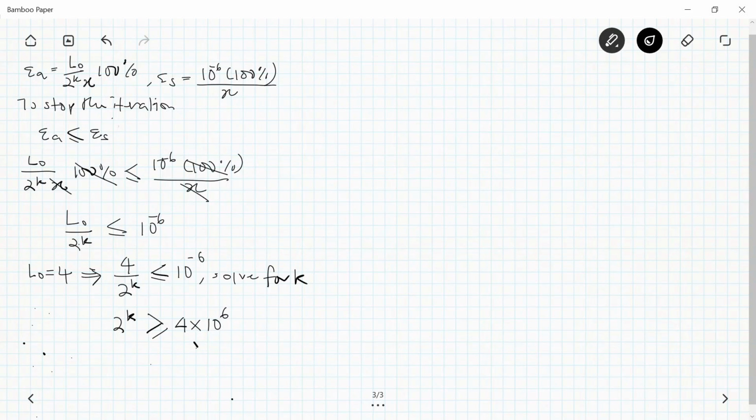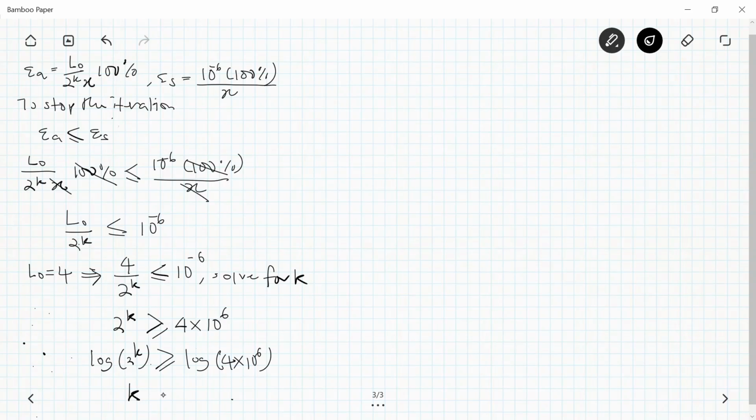So how do we solve for k? What we can do is take the log of both sides. So this is log 2^k greater than log 4 times 10 to the power of 6. How do we solve this then?